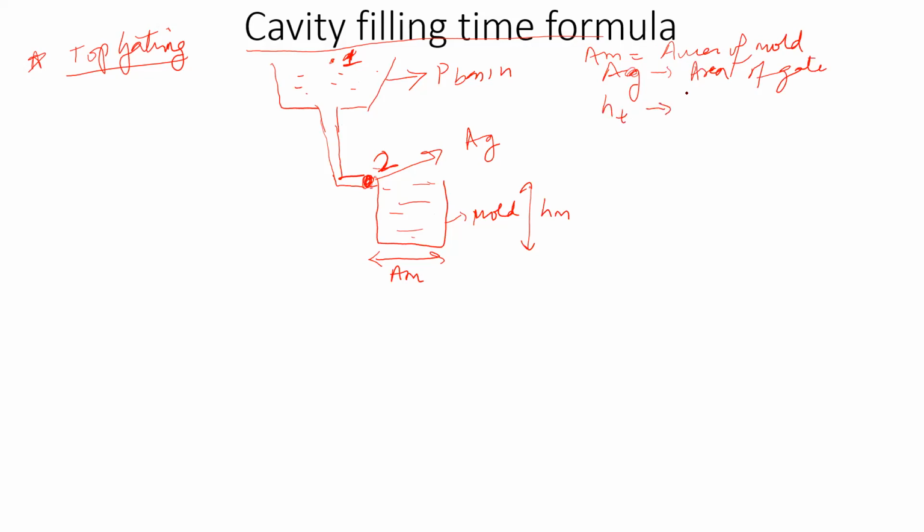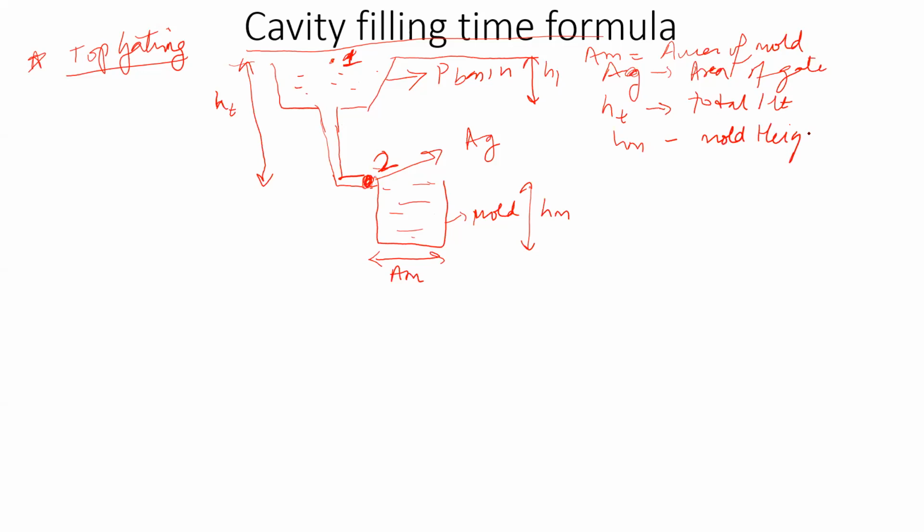HT is the total height, which I have not marked. So HT will be this, from 1 to here. This whole is HT. H1 is the pouring basin height. So this is H1, the pouring basin height, and HM here is the mold height.